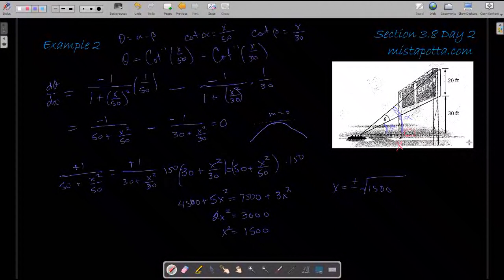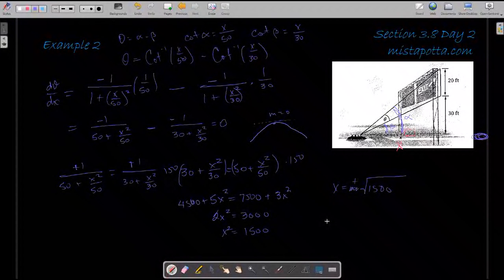But to be quite honest, when my car is over here, the fact that this angle is a maximum isn't really going to be of much help to me if I'm driving. So I'm only interested in the principal root.